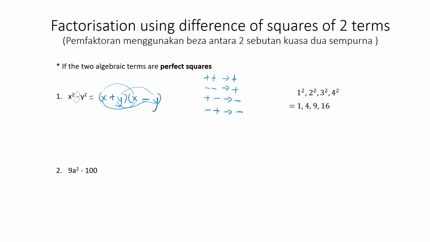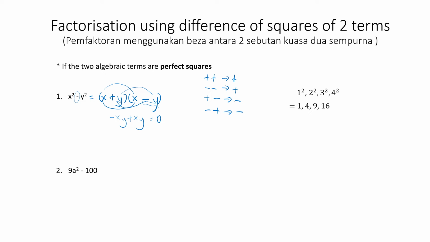So negative xy and positive xy, basically you will have 0, so we don't write anything for 0. And then positive y multiplies with negative y, so you will get negative y squared. So the answer is correct.